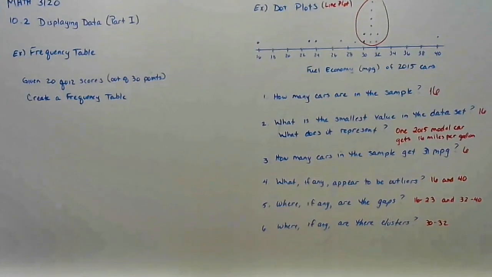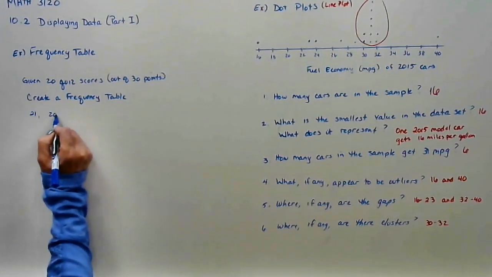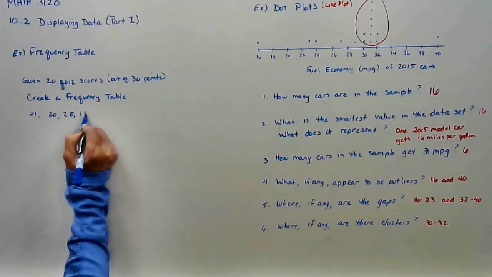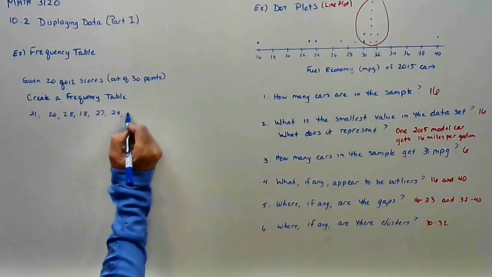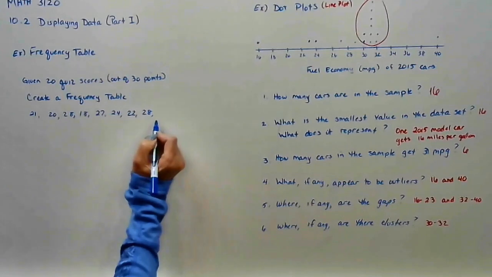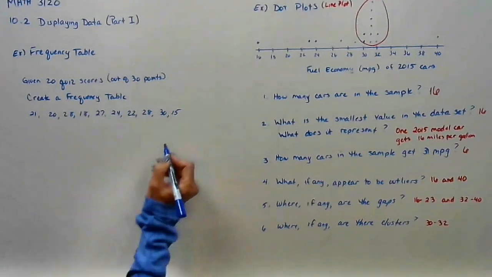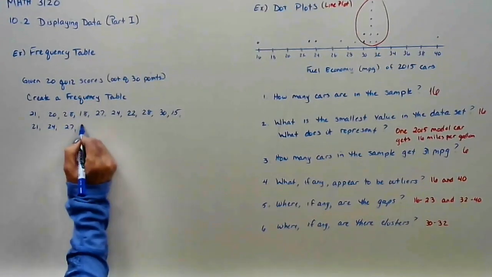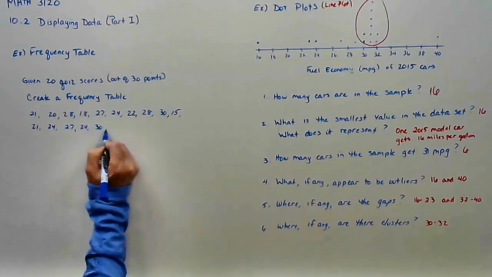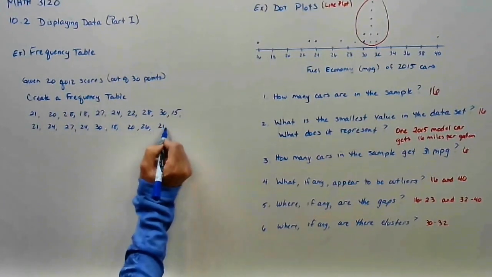So here are the scores that were on that quiz, not in any particular order. We had scores of 21, 20, 28, 18, 27, 24, 22, 28, 30, 15, 21, 24, 27, 24, 30, 18, 20, 26, 21, and 28.